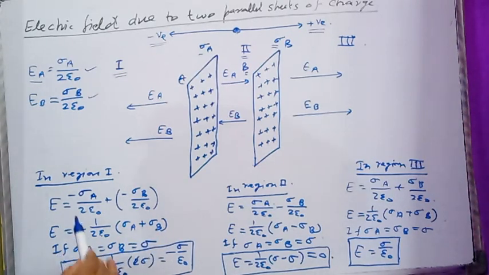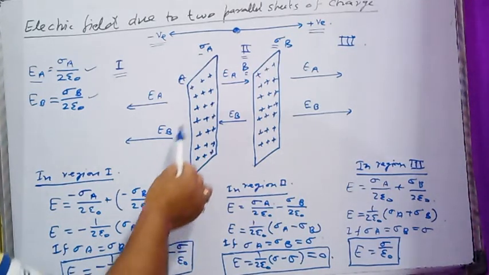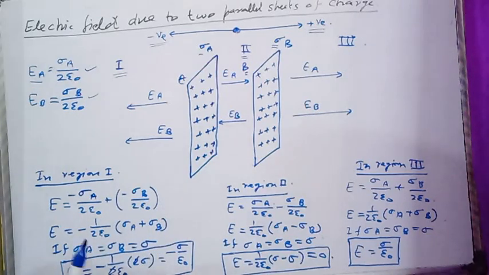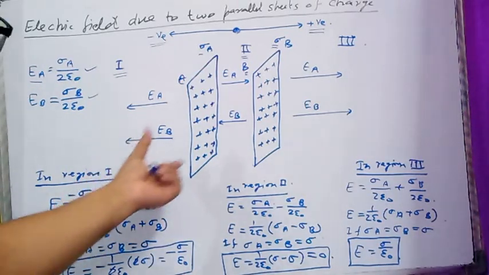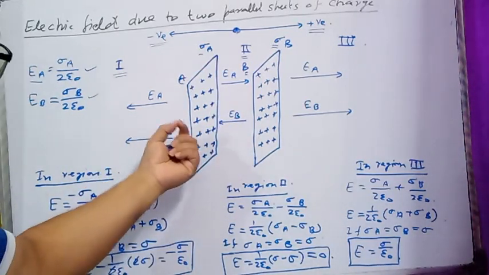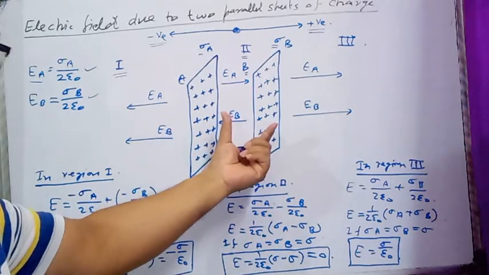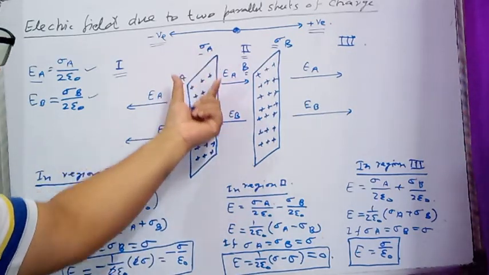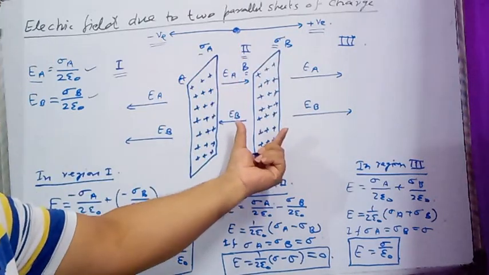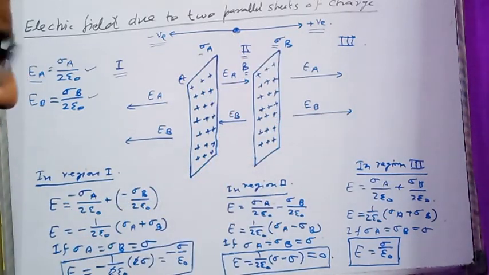If the charge densities of both the sheets are equal, suppose sigma A is equal to sigma B is equal to sigma, this can happen if both the sheets are given same amount of charge and their surface areas are equal. In that condition, their charge density sigma A and sigma B can be equal.